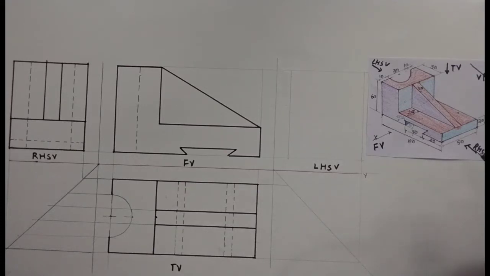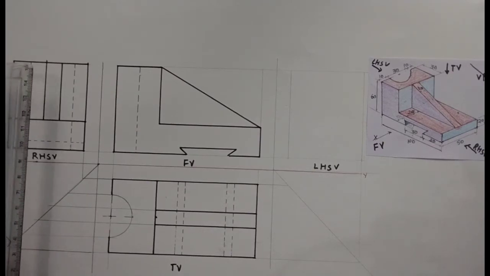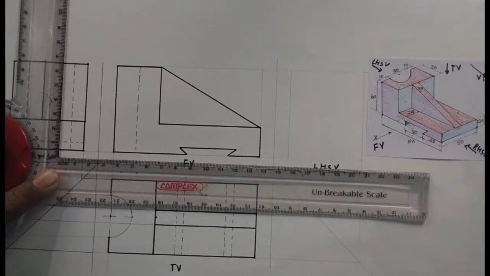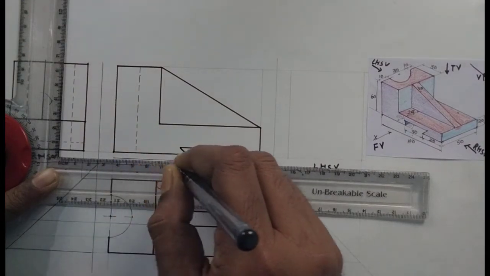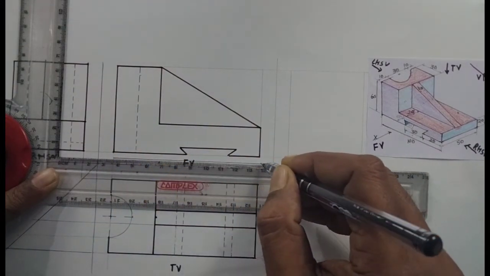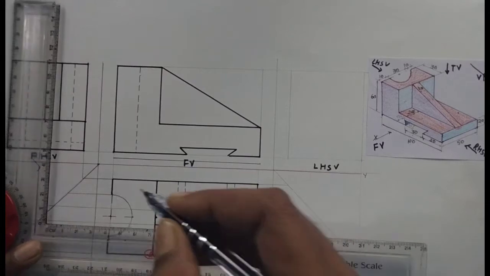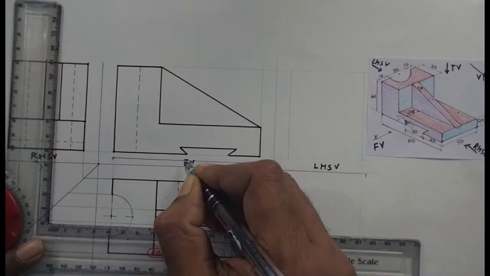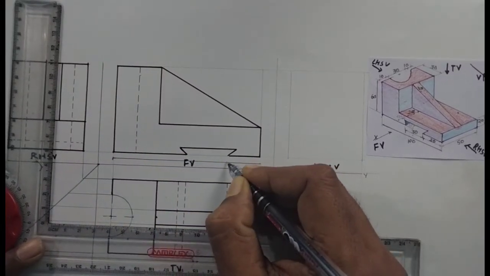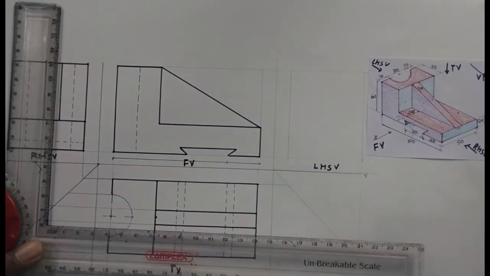Now we are dimensioning. First I mark the 100 mm length here, and we divide this 100 mm length into three parts.